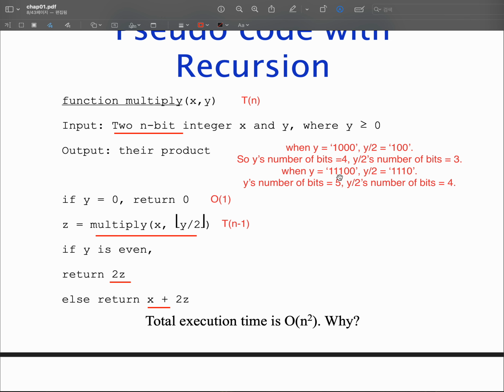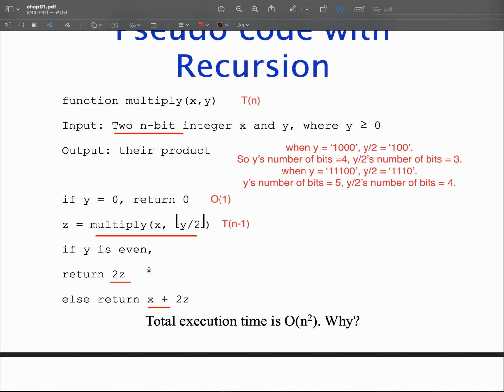When y equals 1, 1, 1, 0, 0, y by 2 is 1, 1, 1, 0. So y's total number of bits is 5 in this case, and y by 2's number of bits is 4, okay? So the number of bits is decreased by 1, so that's why this is Tn minus 1, okay?